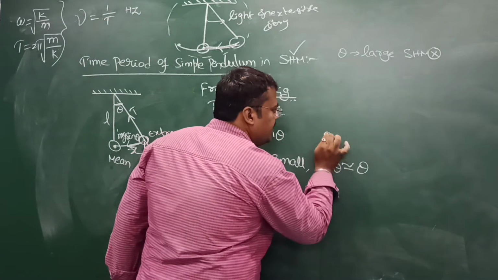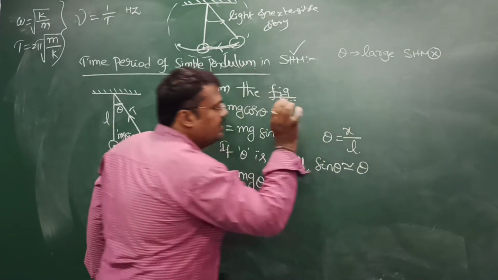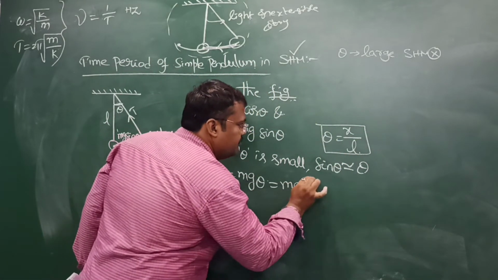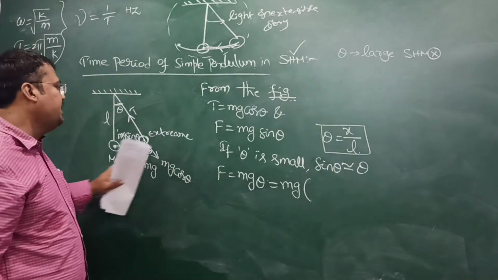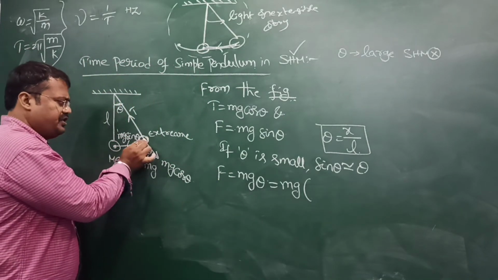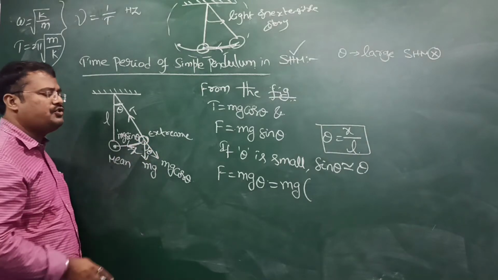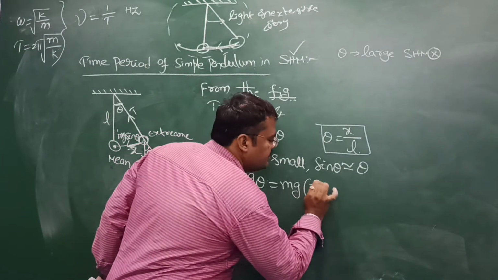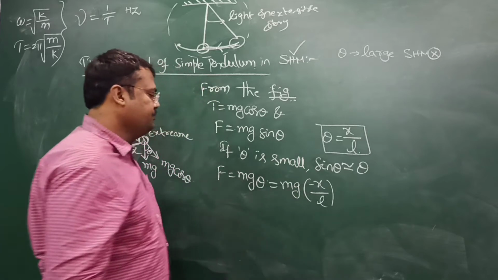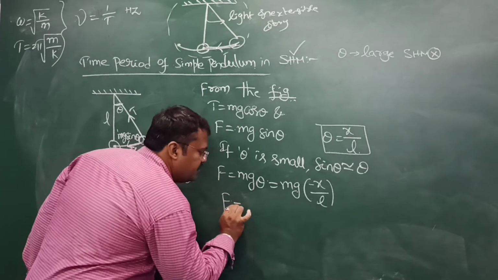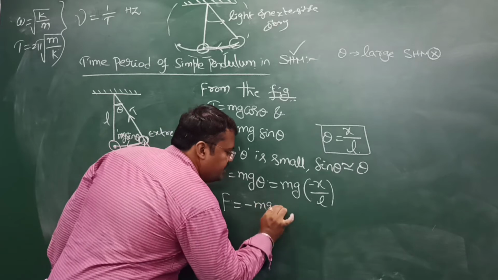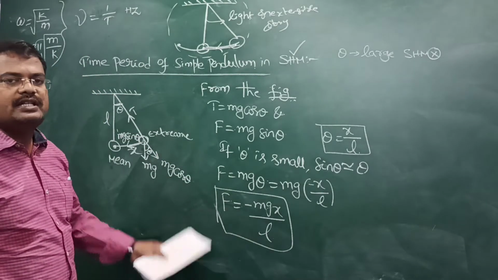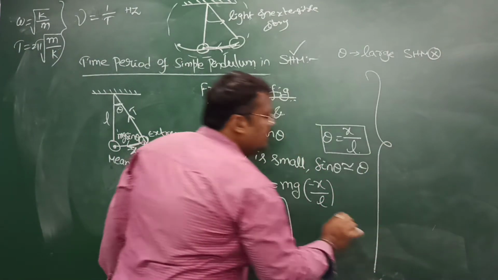Theta is equal to x divided by L. So now substitute this angle, mg into x divided by L, where x is the displacement of the particle from mean to extreme position, and restoring force F acts towards the mean position, means both act in opposite directions, then this is minus x divided by L. So restoring force F is equal to minus mgx divided by L. We found the restoring force. The step is over.